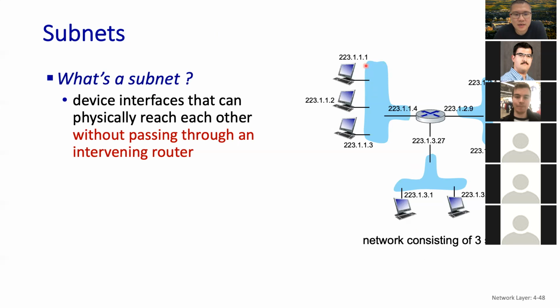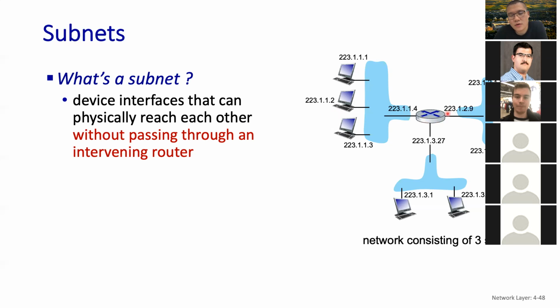For example, here we have three hosts connected in a local network. If this host wants to talk to this one, you don't want to go through the router and back, or any other path. You want to talk to the host directly.